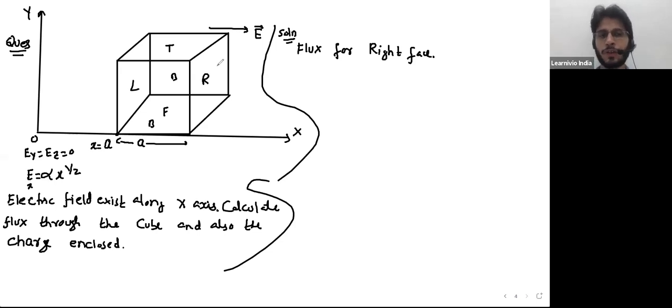What is the direction of this face? Towards positive x-axis. Why is it along positive x-axis only? Because the direction of area vector is outwards normal. So the outwards normal to this face will lie to the right hand side. So this is the direction of this face, which is along x-axis.